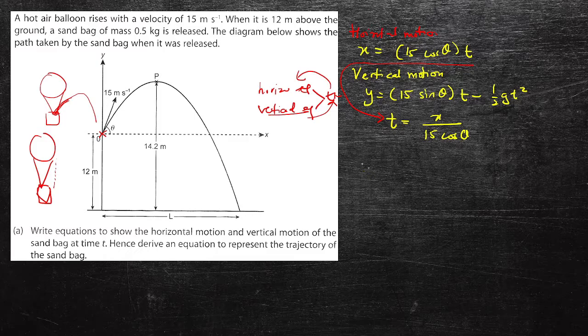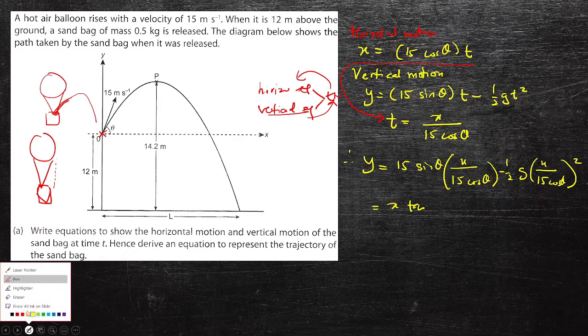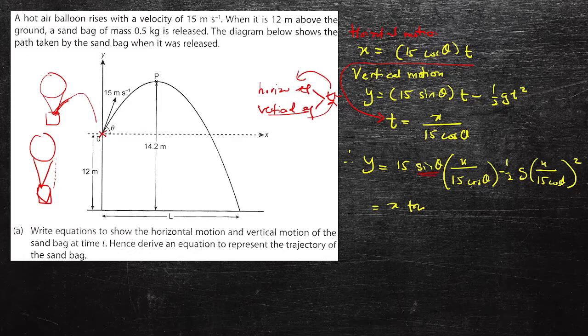And so y equals 15 sin theta, and x divided by 15 cos theta, minus 1/2 g, x divided by 15 cos theta, squared. Okay, so what we have here is equal to x tan theta. The reason we get tangent is because we have sine divided by cos, which gives tangent theta.